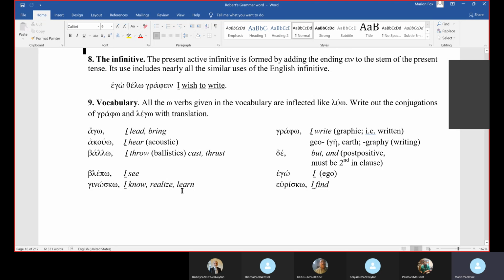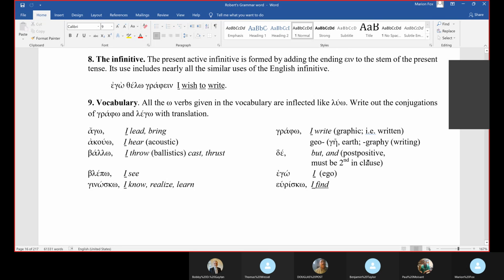So, gnosko. The word Gnostic comes from the same basic root as this. Grapho up here. Two syllables, grapho. And this is I write. The word graphics or graph comes from this.